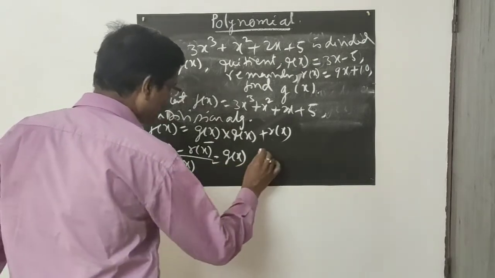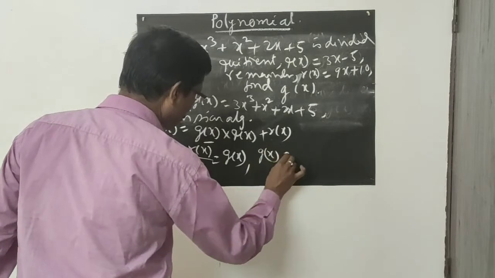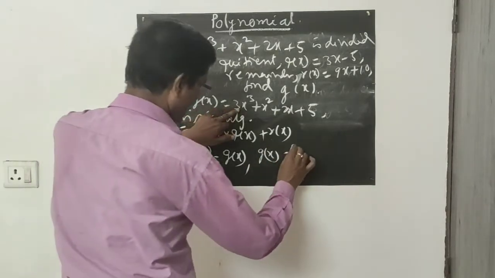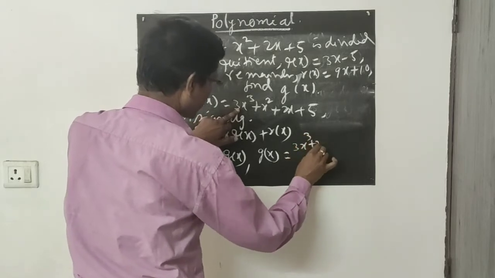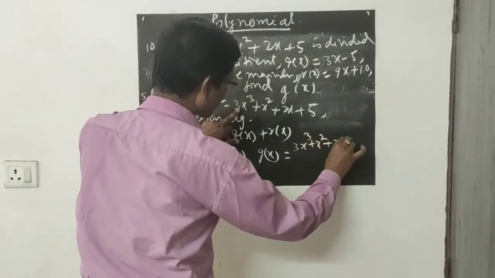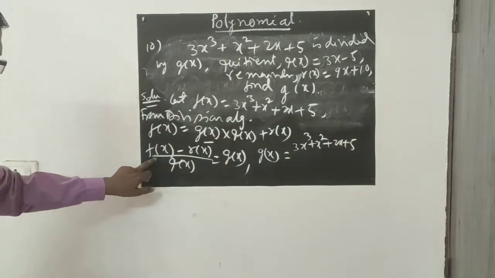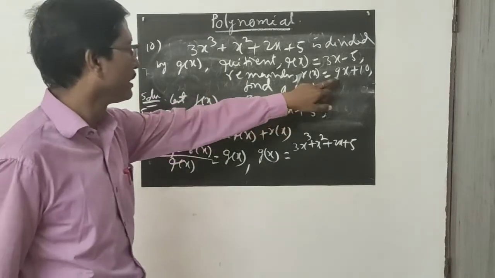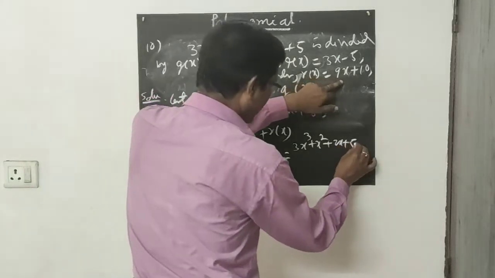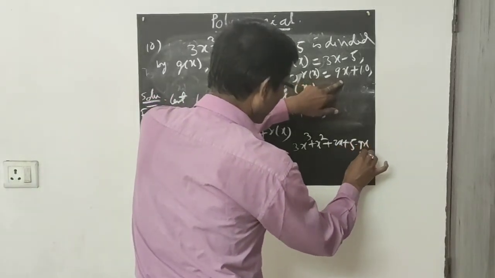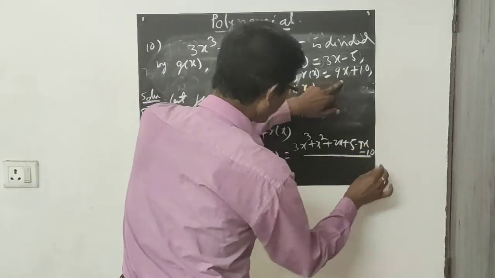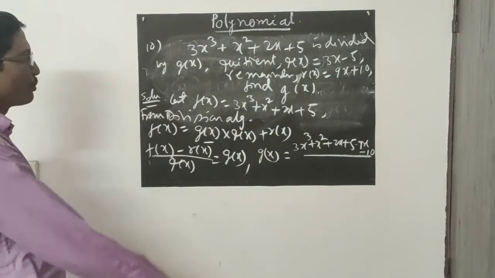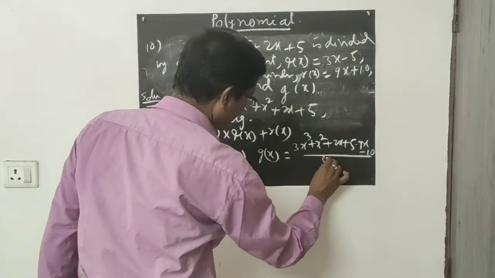So g(x) equals f(x), which is 3x cube plus x square plus 2x plus 5, minus r(x). Minus r(x) means minus 9x minus 10, divided by q(x). q(x) is given to you as 3x minus 5.